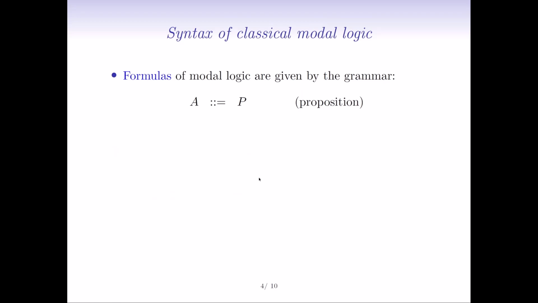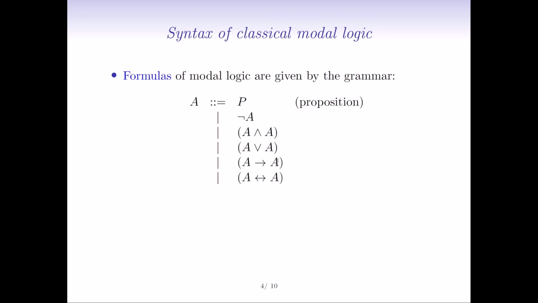So let's go on and give the syntax of formulas straight away. I'm going to give our grammar for modal logic as follows. First of all, the atomic formulas, as in propositional logic, are just propositions. So any proposition letter, P, Q, R, and so on, is an atomic formula of modal logic.